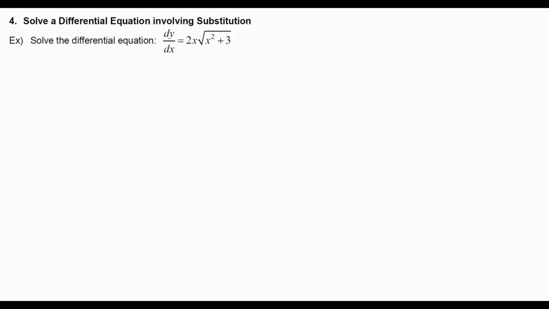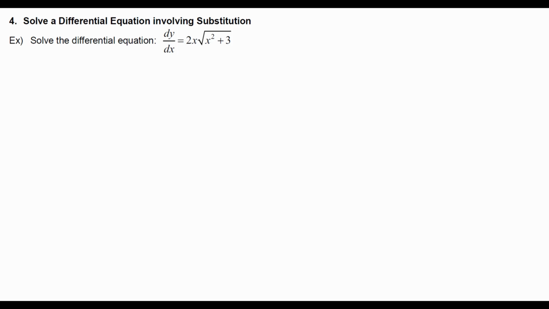Let's now solve a differential equation involving substitution. Solve the differential equation dy/dx equals 2x times square root of quantity x squared plus 3. Recall, solving a differential equation is given f prime or y prime, we are recovering what the f is or y is. So right now we're given dy/dx and we would like to recover y from it.